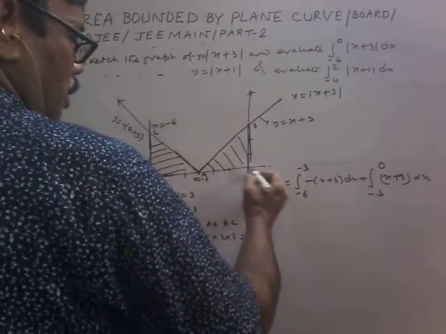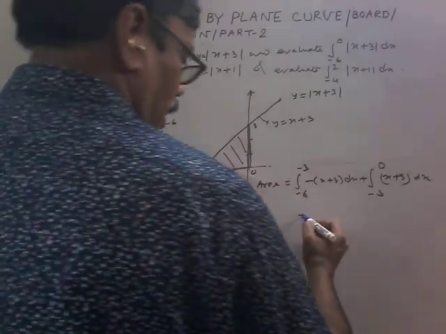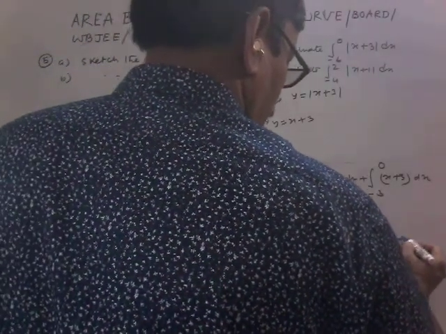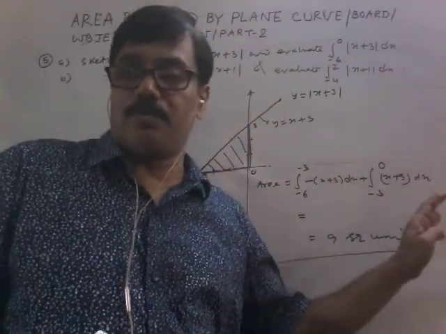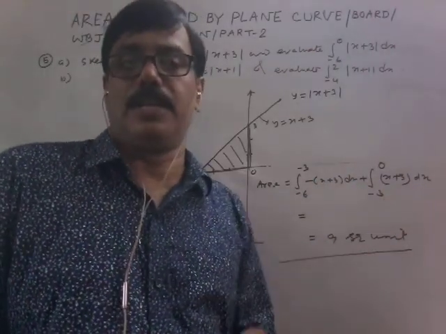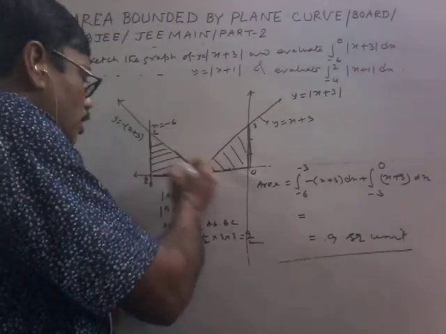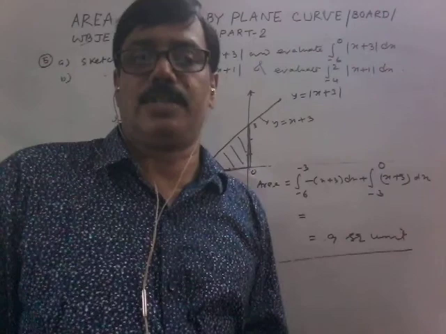Similarly, for this part, this is also 3, this is 3. So you get the answer as 9 square units. But if it is a board exam problem, you have to integrate, then find the area. For competition, we find half into base into altitude, the area by this formula.